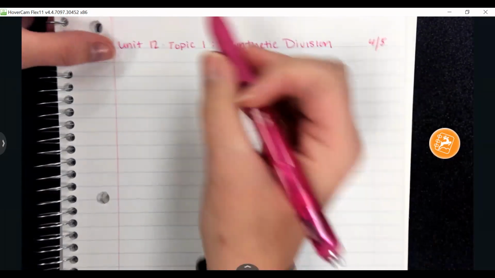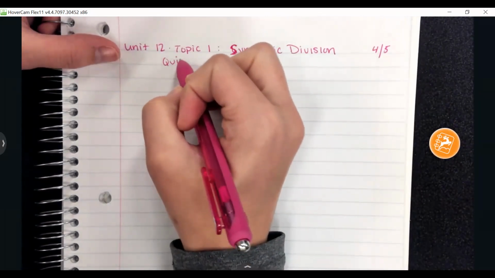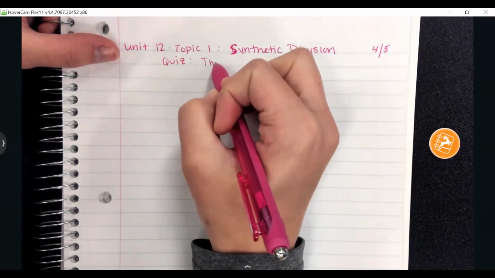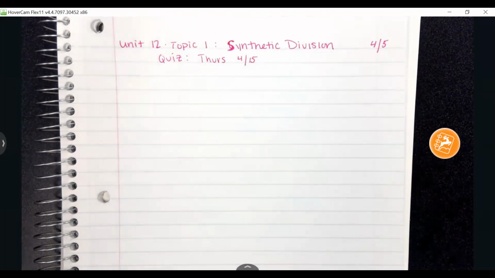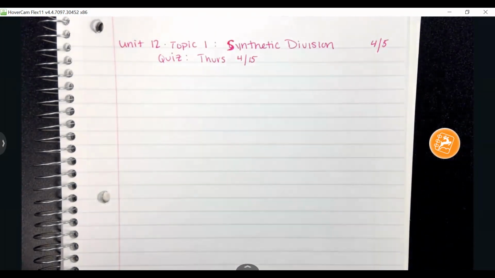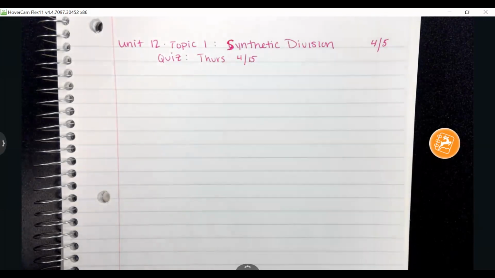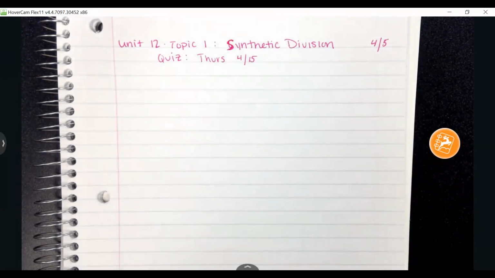Your quiz will be next Thursday, the 15th. It's going to have add, subtract, multiply, divide, and then what we learn next week, which will be factoring. Okay, all 5 of those things will be on your quiz Thursday.